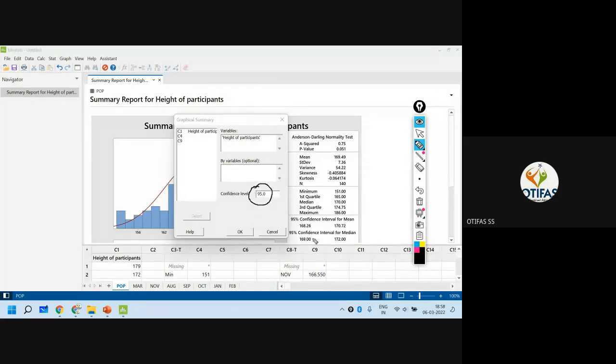Now, have you seen the confidence level here? What is this 95%? It is nothing but a percentage. It means you are going to infer something. So what is the probability of your inference? Generally, it is 95%. When you are inferring something, you are inferring with 95% confidence.